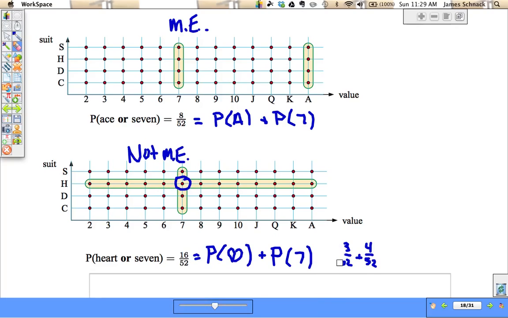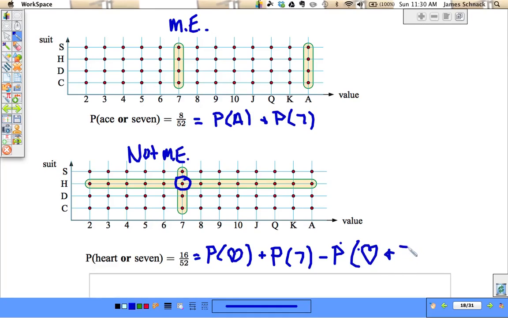And the reason that it's not that way is we counted this one twice doing it this way. So what we do is we have to subtract the probability that this card is a heart and a 7 at the same time. We have to subtract that thing that got counted twice. We have to subtract the overlap, and that's going to get us the 16 out of 52.